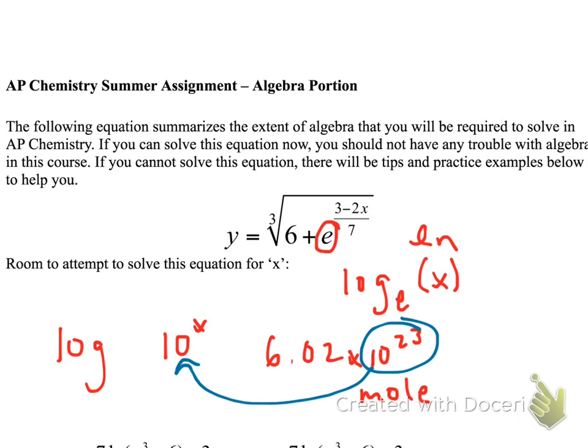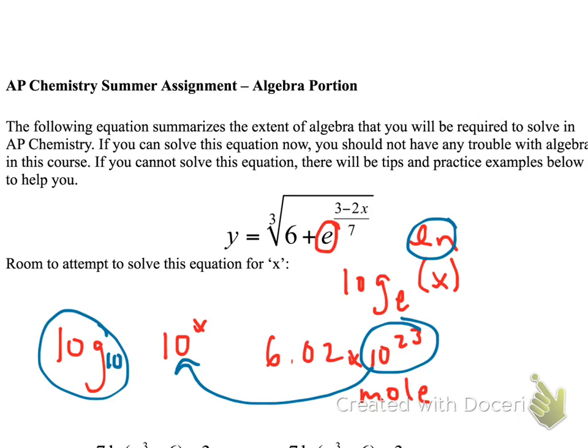And if we wanted to find the opposite of 10 raised to something, we would use the log, base 10. And the log is related to the natural log. So that's where this is coming in. And we're going to use that in a unit called kinetics, which will be in the second half of the year. So what I want to do here is to start off by solving this problem.